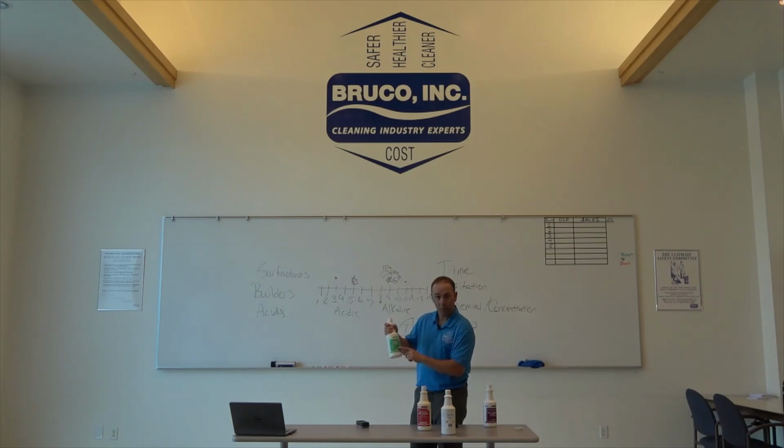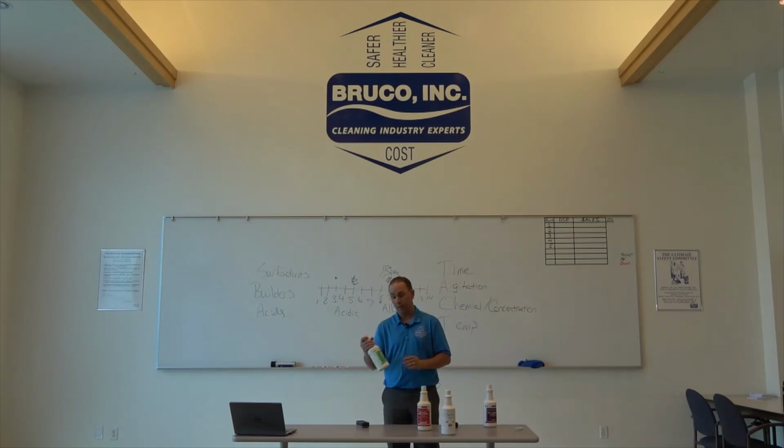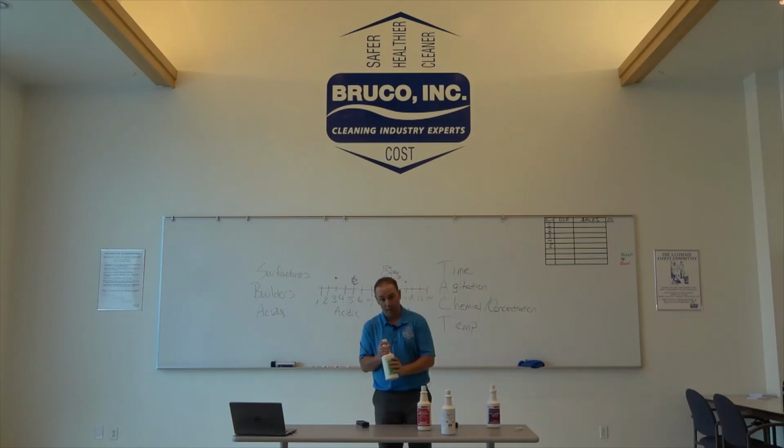Again, right on the label, we can see what our percentage is. So we know that our hydrogen chloride or hydrochloric acid here is 9.5%. Lower percentage than this. So if I'm just looking at percentages, this will appear to be stronger. It's not. We have to look at what type of acid we're also dealing with. 20% phosphoric versus 9% hydrochloric, and this is significantly stronger.